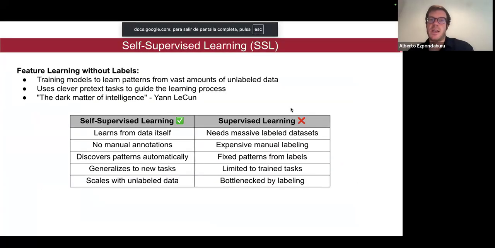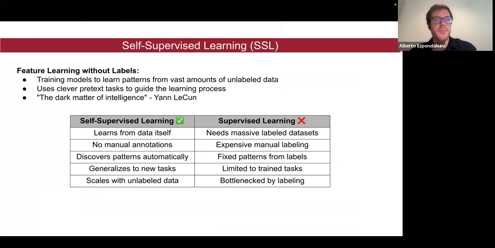This is a kind of semi-supervised learning, self-supervised learning, and it's a very powerful approach for learning with unlabeled data. This is very important because with supervised learning, we need a massive labeled dataset. We need manual labeling.